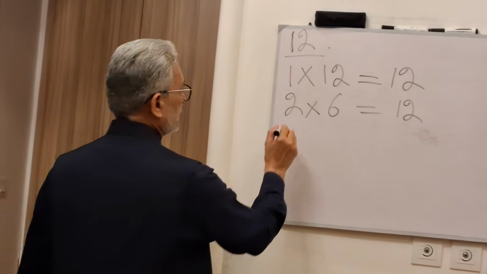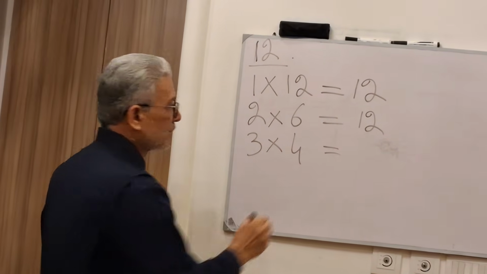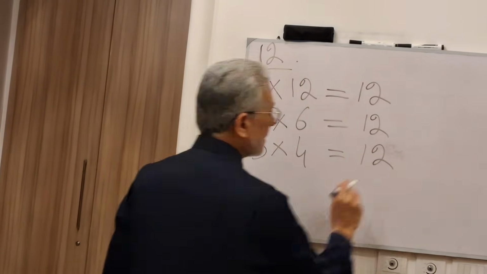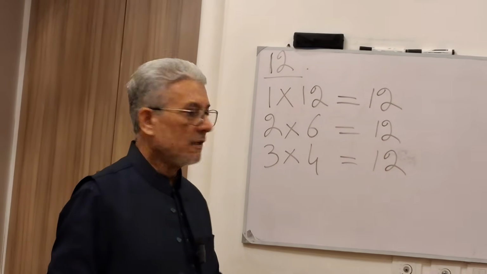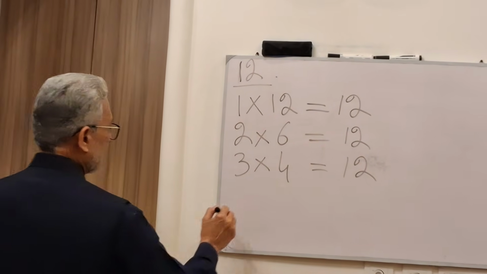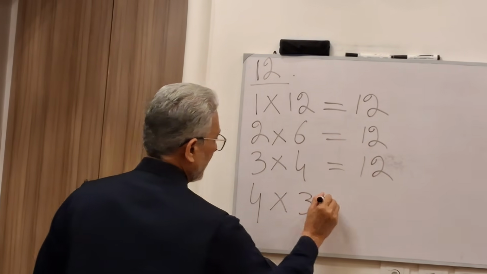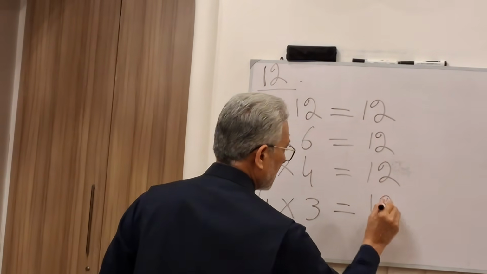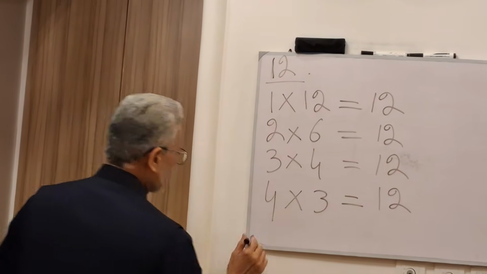If you multiply 3 with 4, you will get 12. So 3 and 4 are also factors of 12. And if you multiply 4 by 3, you will get 12. Right? Now next number is 5.